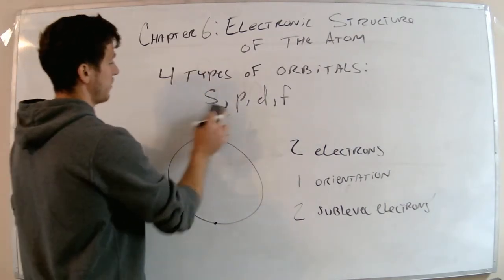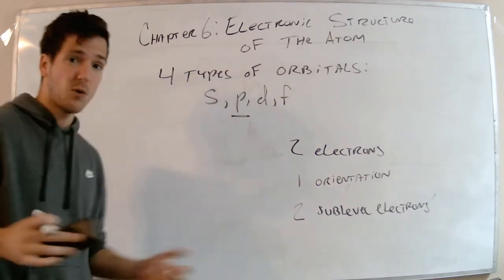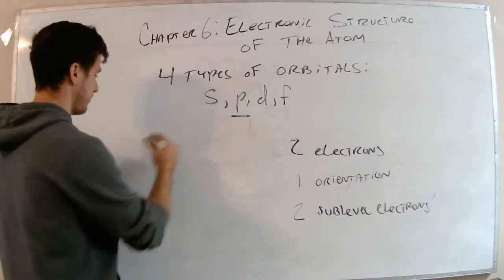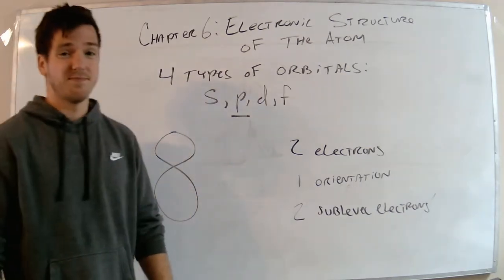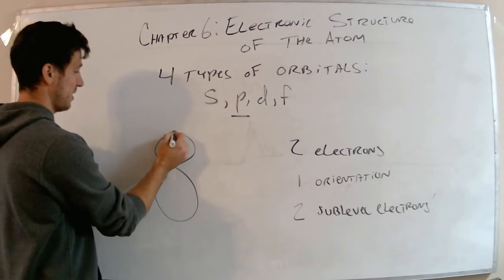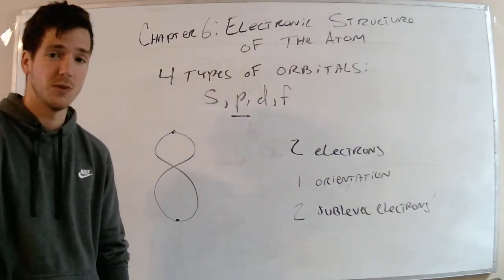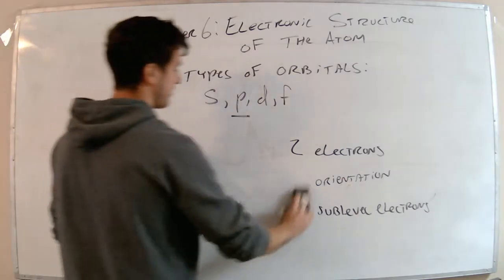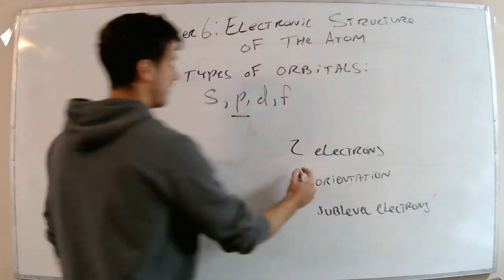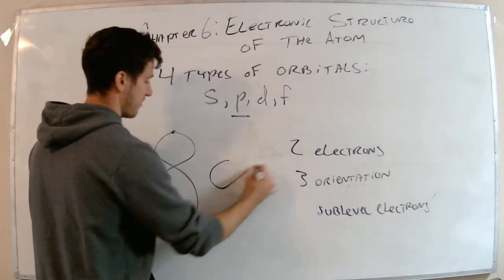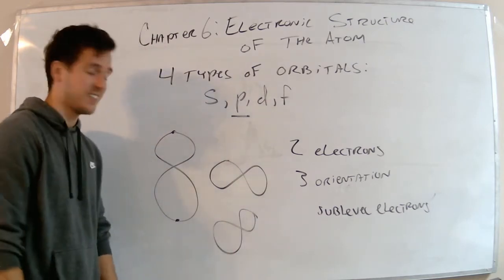Let's go ahead and let's focus on that p orbital. Remember, the p orbital has a dumbbell shape. Okay, dumbbell shape. It can only hold 2 electrons as well. Any orbital can only hold 2 electrons. But the difference with s and p is that p orbitals have 3 orientations, right? They have a flat one, like so, and they have a diagonal one, like that.